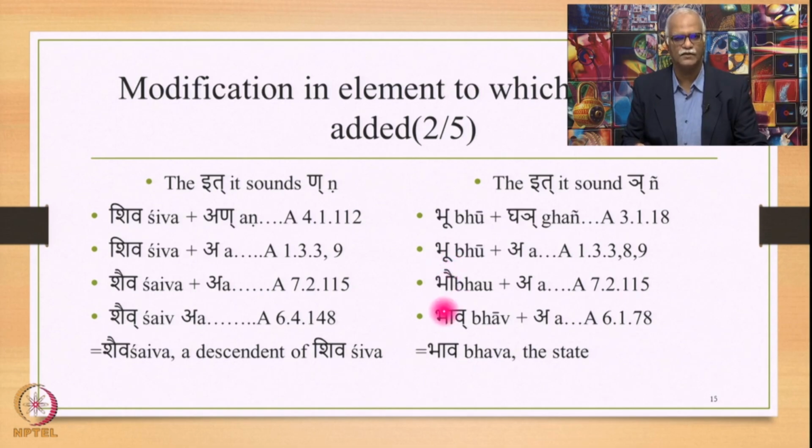Once again we shall study this when we study the process of speech production, where the phonetic properties of u and au will be studied and they show close affinity. So by 7.2.115 we substitute bhau in place of bhu, then by 6.1.78 au gets replaced by av, and so you get the form bhava. So here the Vriddhi substitution is caused by the marker ñ.